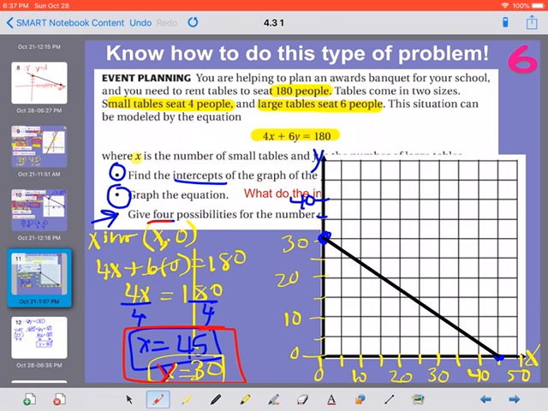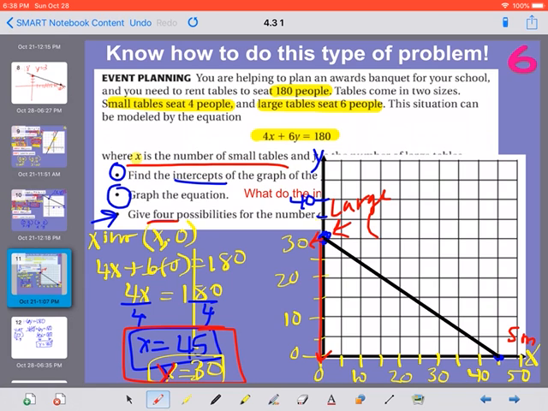And we want 4 possibilities of combinations of large and small tables. We knew X was small tables, so down here these were small, and on this side our y-axis was large. So let's write out a couple possibilities. At this point right here, this would be 0 small tables and 30 large tables.